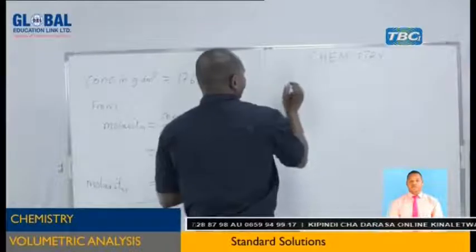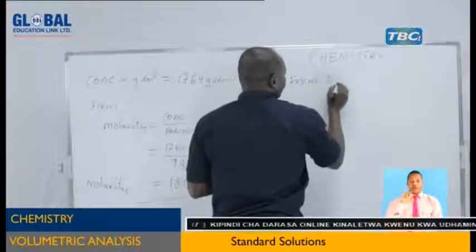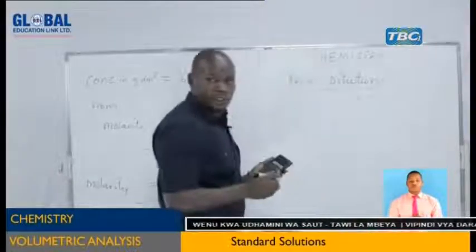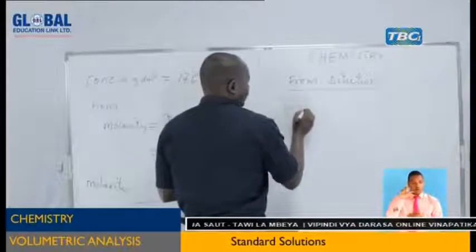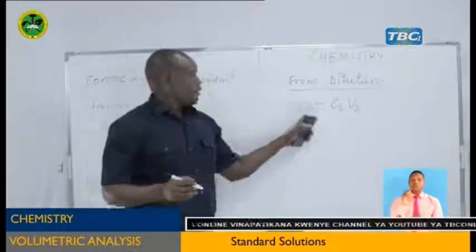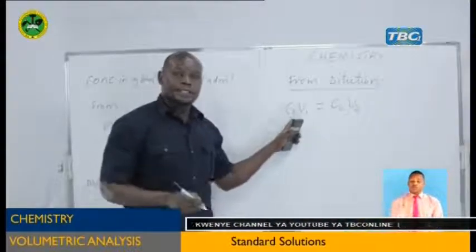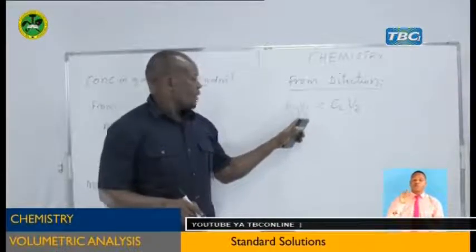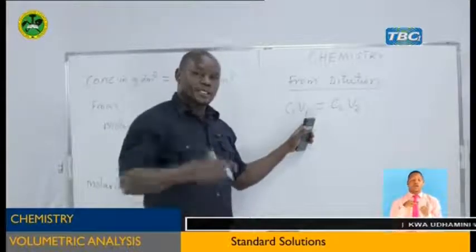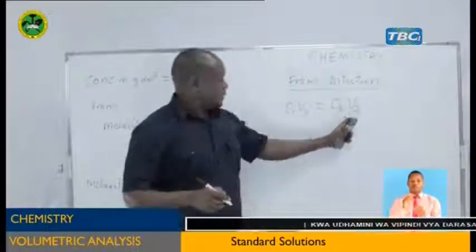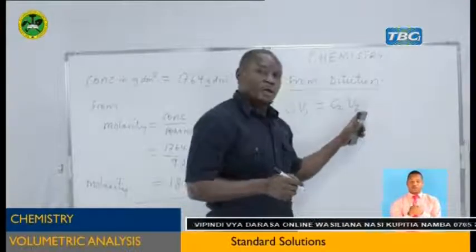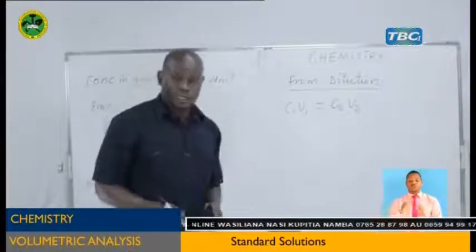You remember this concept: C1 V1 is equal to C2 V2, whereby C1 stands for the molarity of the concentrated solution, V1 stands for the volume of the concentrated solution to be measured, C2 stands for the molarity of the dilute solution you are supposed to prepare, and V2 stands for the volume of the dilute solution.